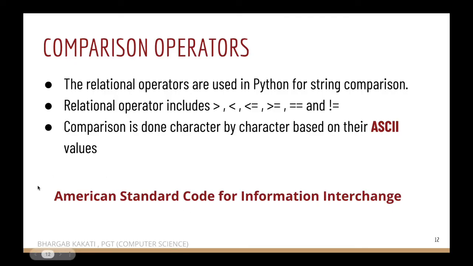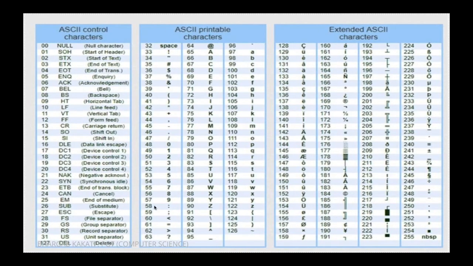ASCII is an encoding standard, and it stands for American Standard Code for Information Interchange. For each character on the keyboard, there is a definite code associated with it, which is a universal standard code, and that code is known as ASCII code. Now let me take you through the extended ASCII characters.